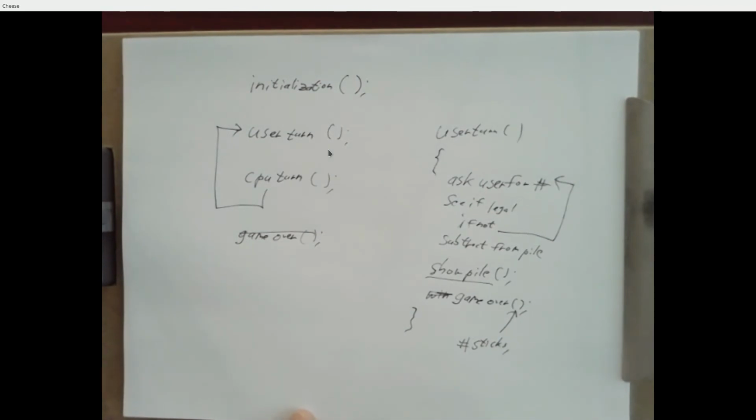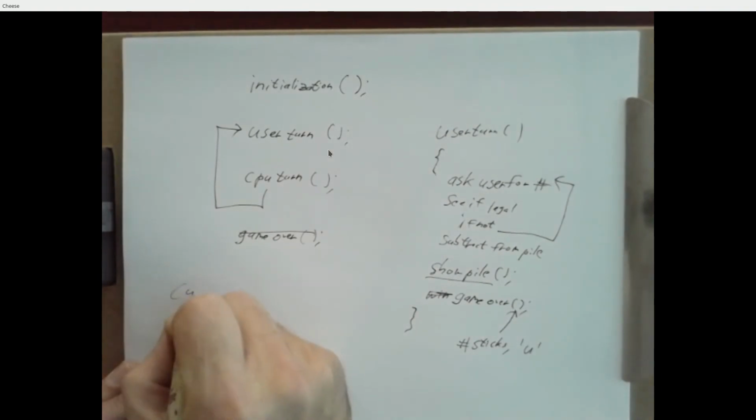And I need to tell it who just took sticks from the pile, so I might send it a character like U. And then inside game over, I basically say if number of sticks is 0, then print out a message. If this argument was a U, say, hey, you won the game, congratulations. If this character was a C, say, hey, I won the game, I'm great.